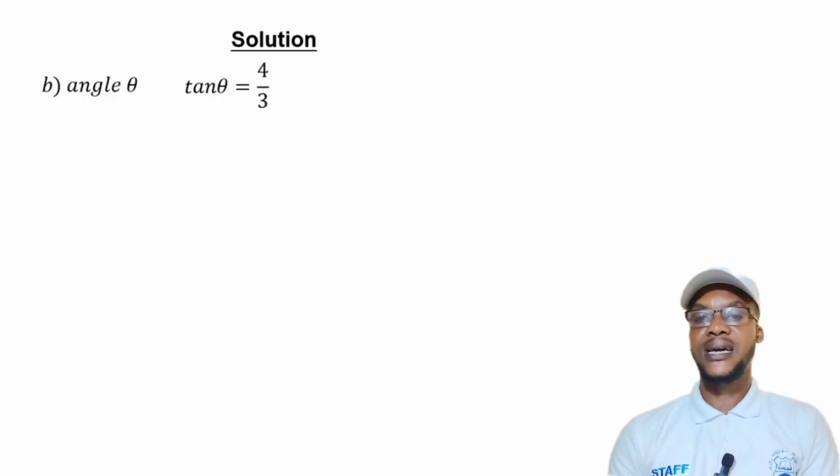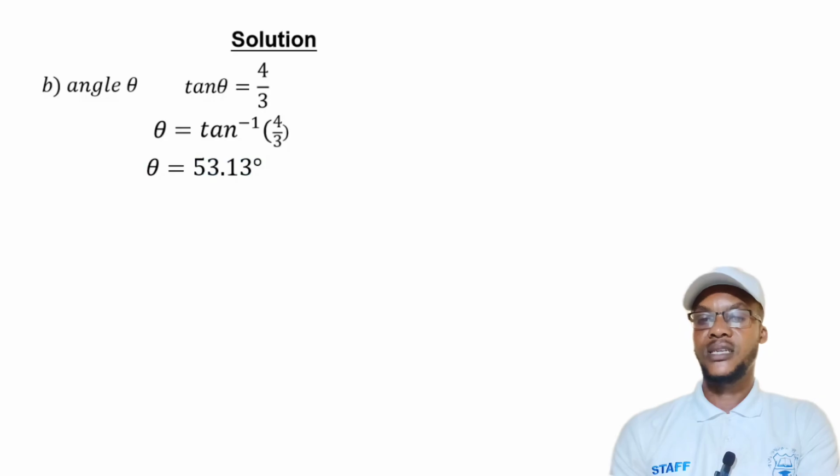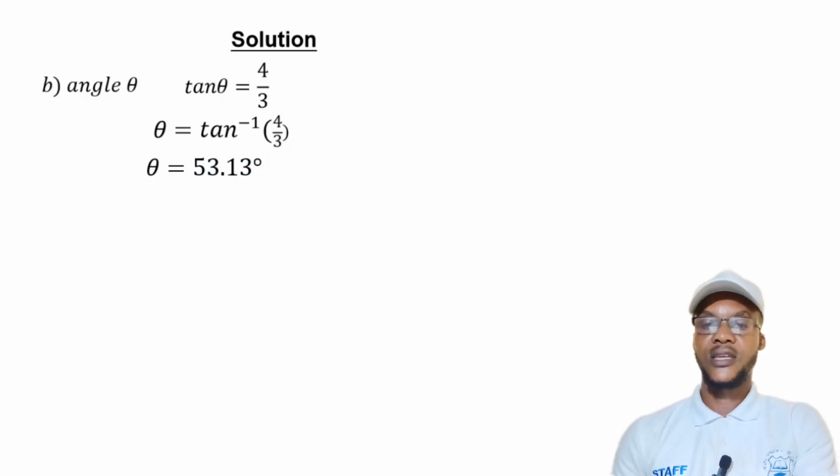Then theta is equal to tan inverse or arctangent of 4 on 3. Use your calculator and you get 53.13 degrees. Yes, because it's an angle, don't forget to add the degree. Okay, that is very, very interesting.